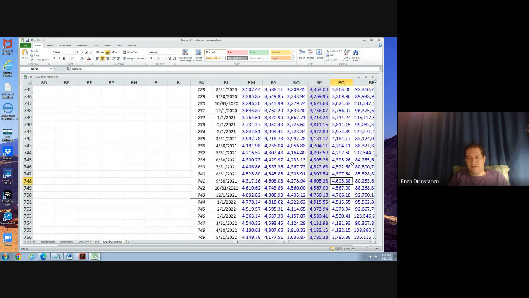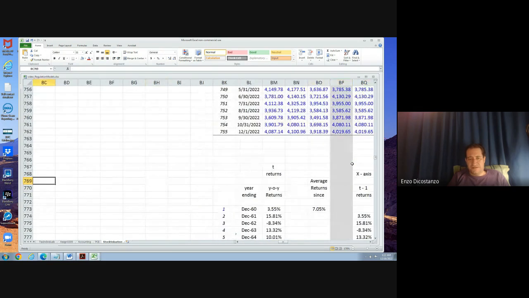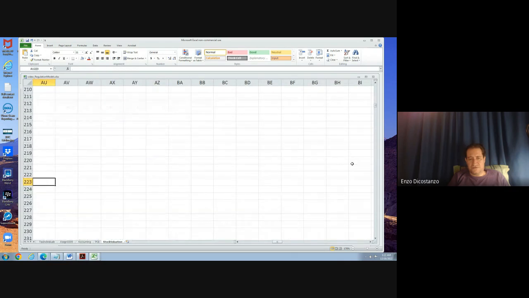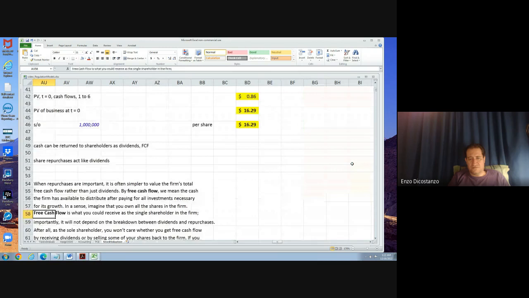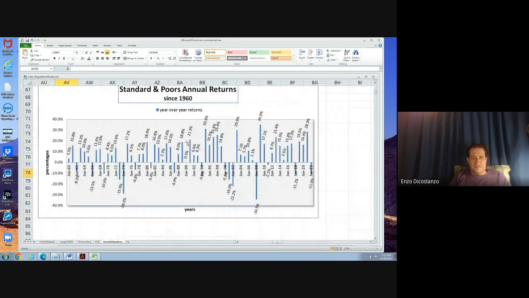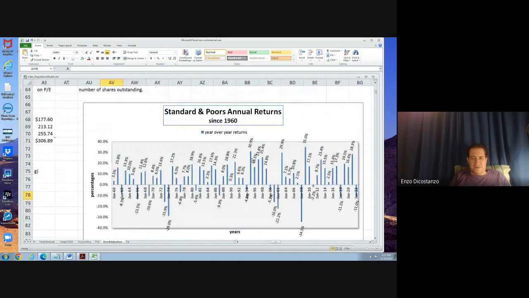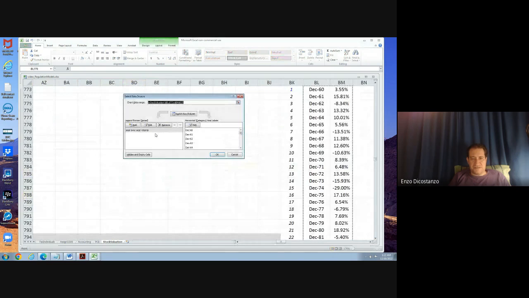63 data points. We'll try to jam that bit of information in here someplace. We just go to select data, edit.